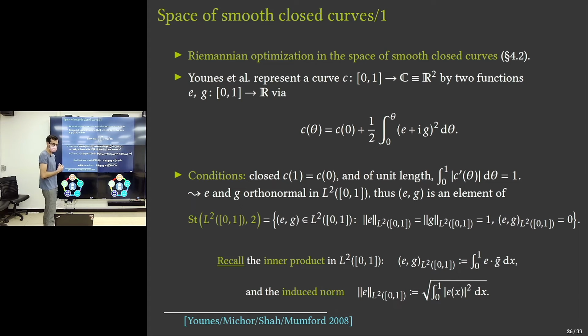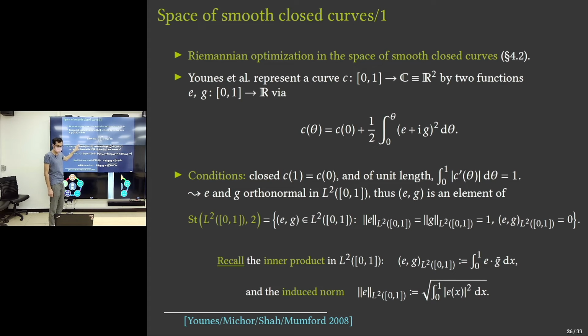We can represent a curve by two functions, E and G, from the unit interval to R in this way. We have a starting point and then an integral from 0 to theta. Theta is the parameter in the unit interval. This is the formula, plus some conditions.